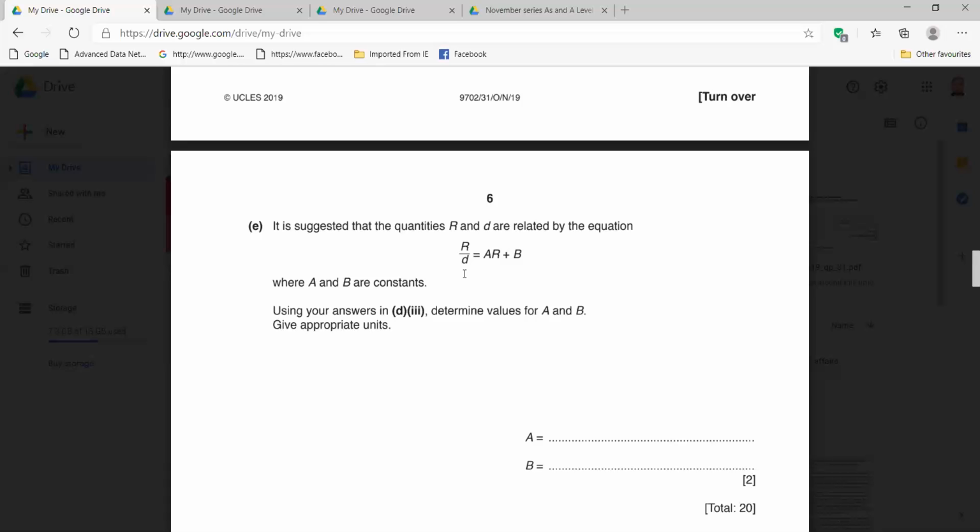So 1 by D means 1 by centimeter, that means per centimeter, right? Centimeter inverse we have to write. Yes, sir.